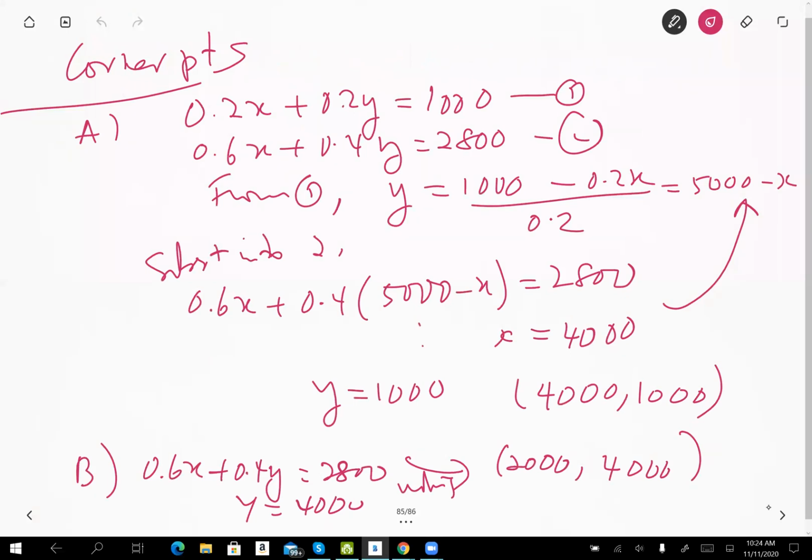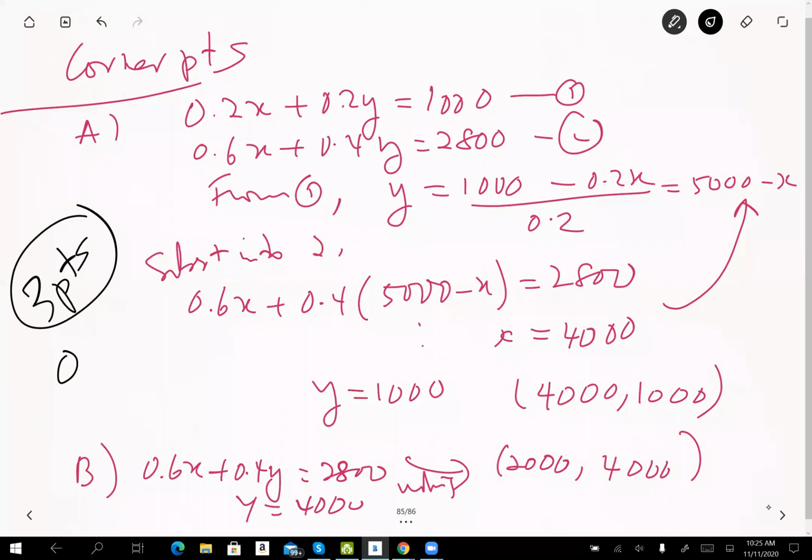With the working, 3 marks. If you just give me the corner points without any working, 0. How do you get that? You can get it from the sky, or from someone without doing the working.